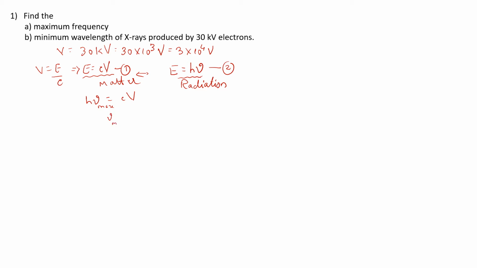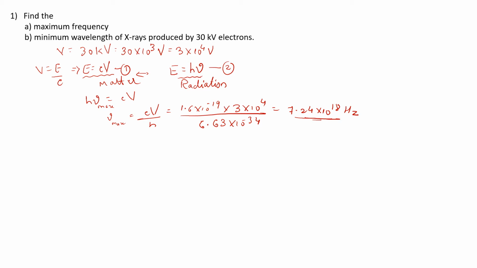So nu max is equal to e into V divided by h. e is 1.6 into 10 raised to minus 19, V is 3 into 10 raised to 4 volt, whole divided by Planck's constant 6.63 into 10 raised to minus 34. You will get the answer as 7.24 into 10 raised to 18 hertz. This is the maximum frequency.